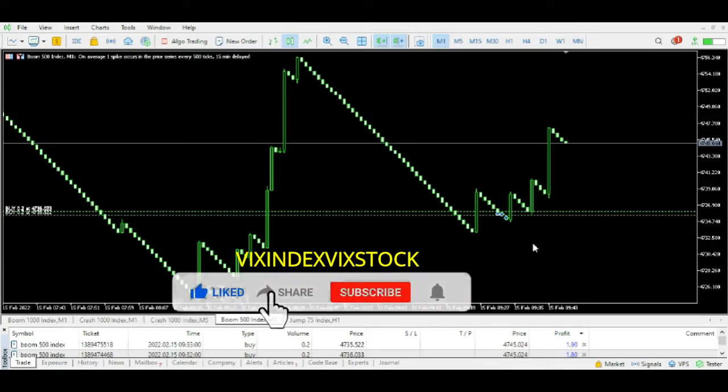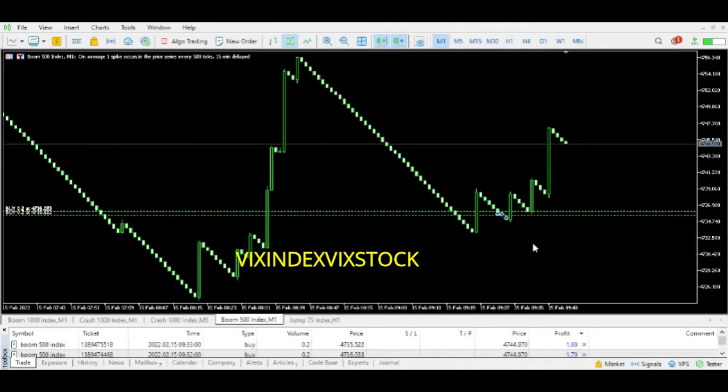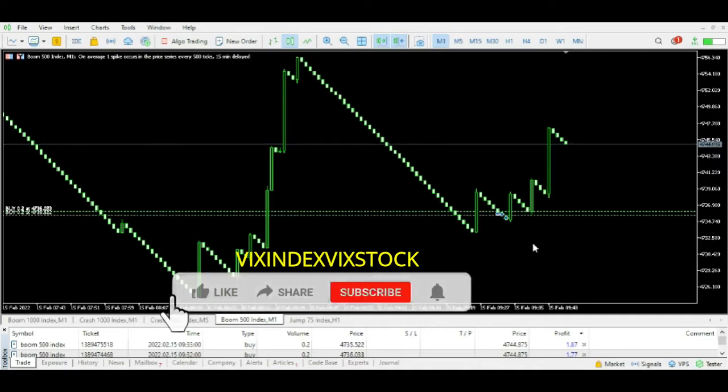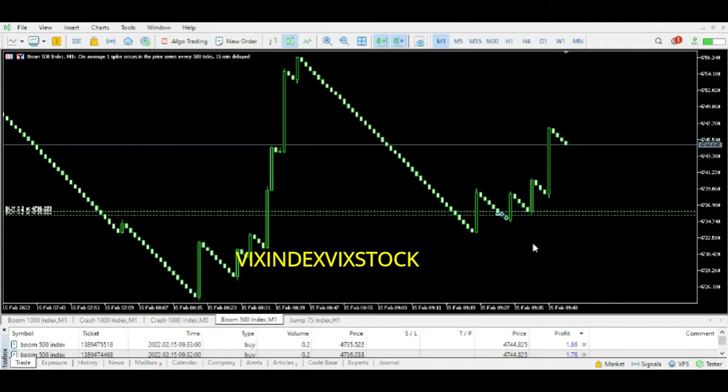It's a pain. It's different when you are actually trading volatility 75. If you catch a good zone, you can easily flip a $3 account into $30, $20, $50, depending on how much you can hold.